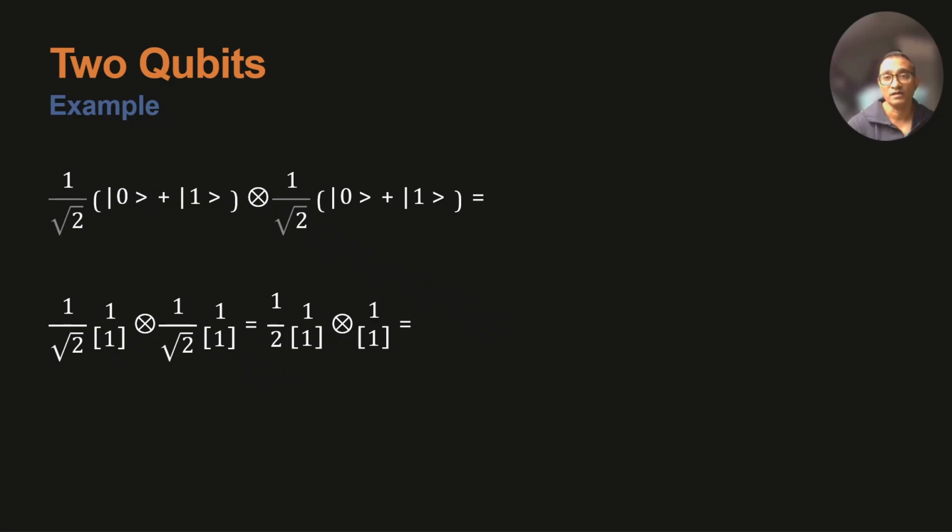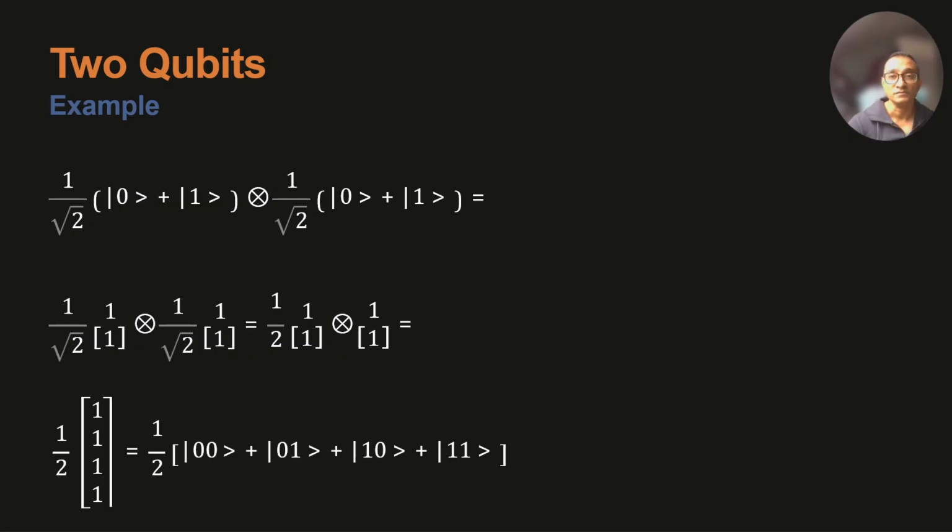We then apply basic mathematics of quantum linear algebra. Take the scalars out, 1 by root 2, and when you multiply, you get a half, and then the Kronecker product of vector (1, 1) with vector (1, 1). You expand this mathematically, and what you will see is that 1 half of the vector (1, 1, 1, 1) can be further broken down quite easily to the constituent states |00>, |01>, |10>, and |11>.